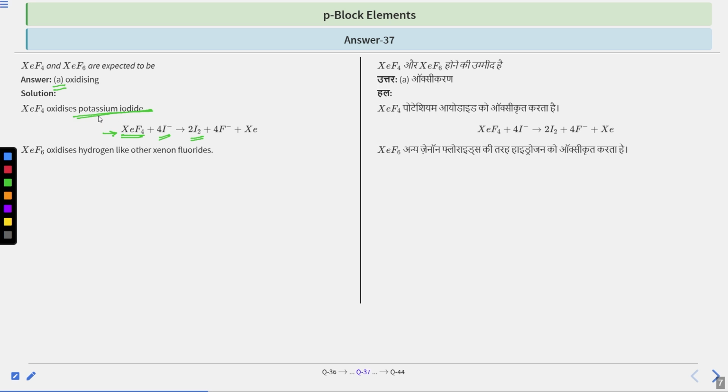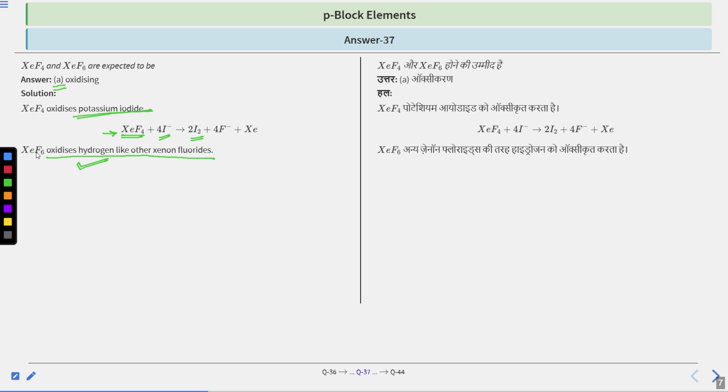So you can see the oxidation state is increasing. That's why XeF4 oxidizes the potassium iodide and itself gets reduced, and XeF6 oxidizes hydrogen like other xenon fluorides. This means the XeF6 compound oxidizes hydrogen if it is present in the reaction.